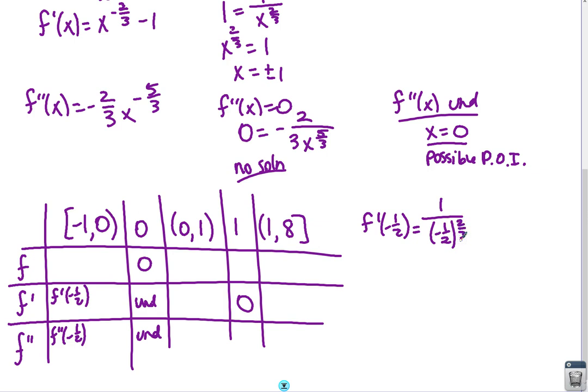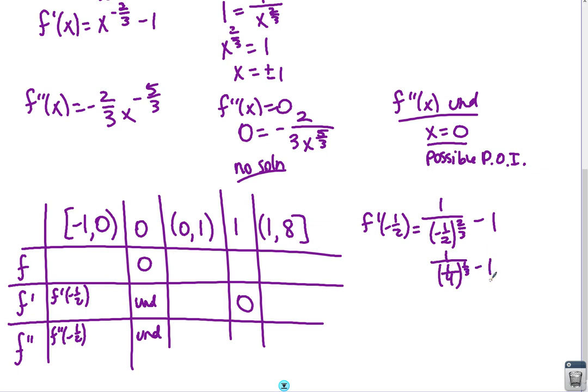Usually if you do one of these, it jogs your memory and makes it a little bit easier to figure out. So (-1/2) squared is going to be positive 1/4, but then the cube root of that, I don't know, but I'm pretty sure. 1 over the cube root of 1/4.